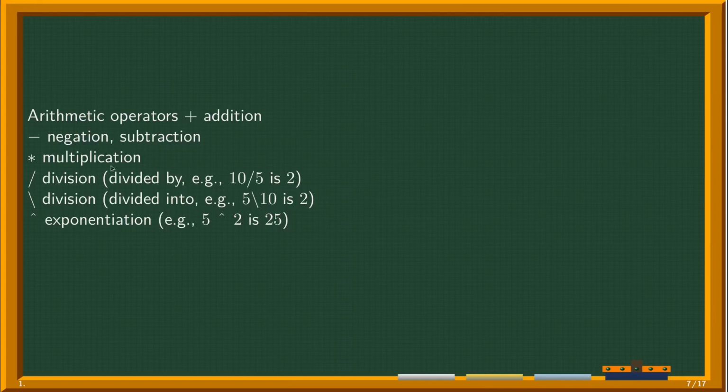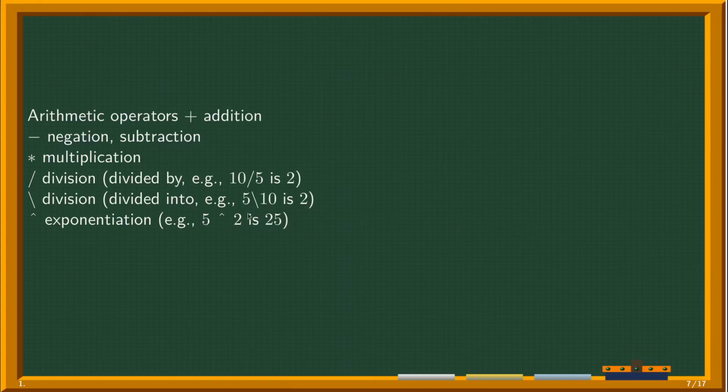Then multiplication and division. If I give 10 and 5, we divide 10 by 5 and get the answer 2. And the exponent operator, like 5 squared, you will get 25.